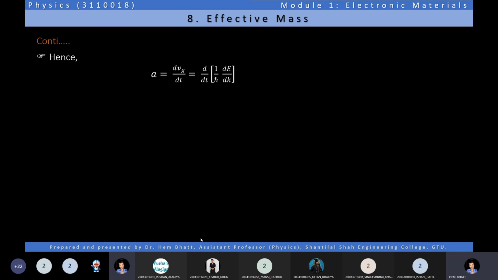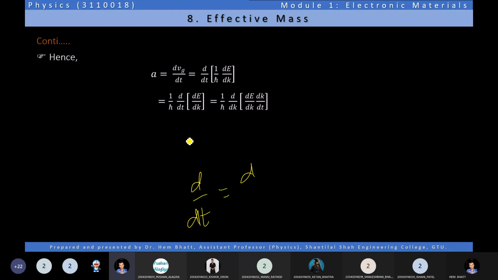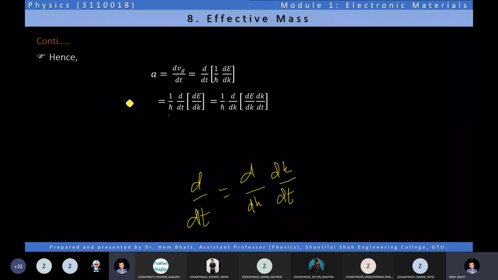Now instead of d by dt, you can always write d by dt as d by dk into dk by dt. So that is what is done here.